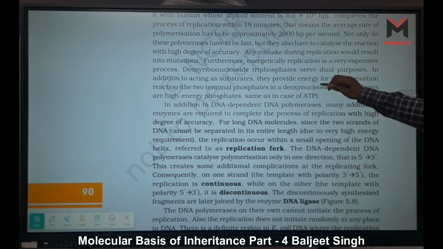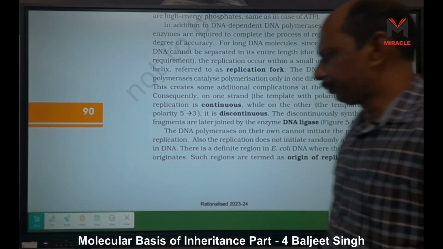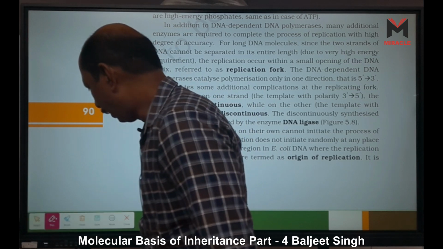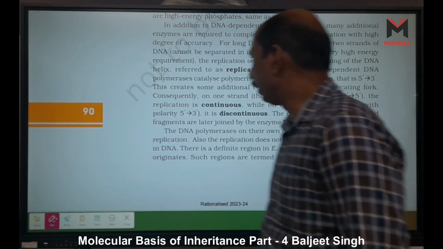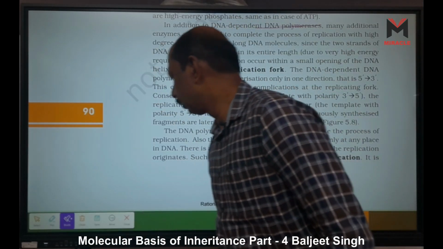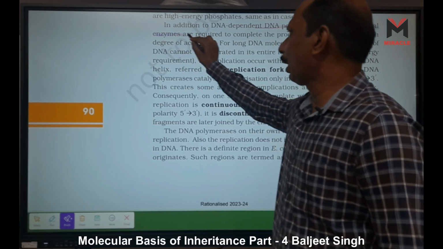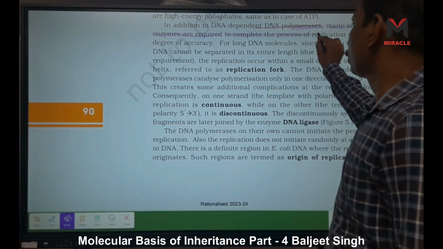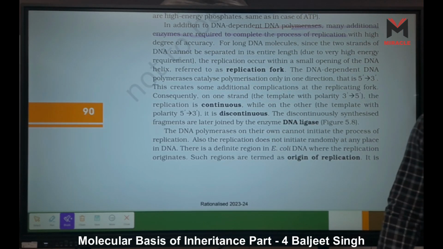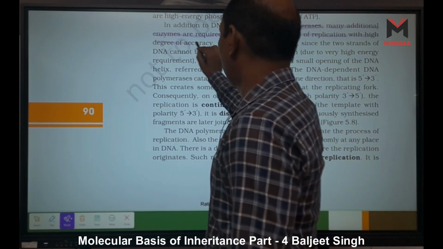Now here, in addition to DNA dependent DNA polymerase enzyme, many additional enzymes are required to complete the process of replication with a high degree of accuracy.